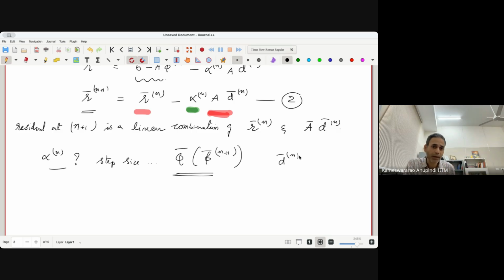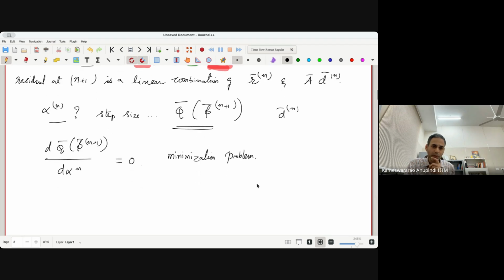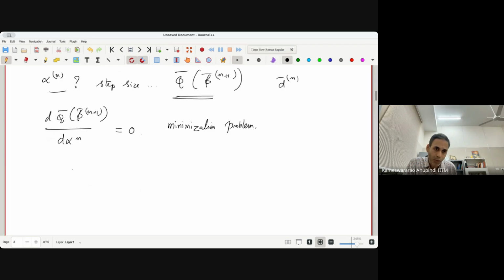That means we can calculate αn by minimizing, differentiating q̄ of φ̄n+1 with respect to αn, and setting it equal to 0. Essentially, we have now posed this as a minimization problem.